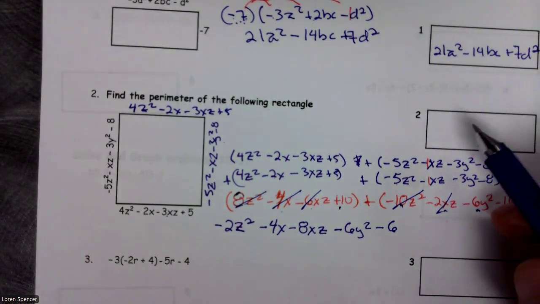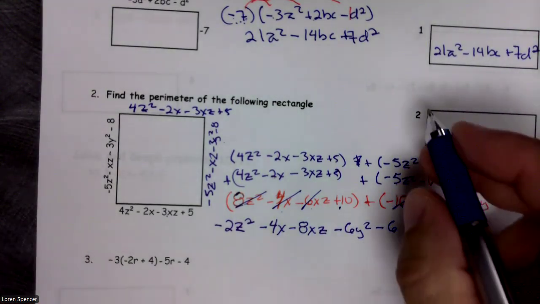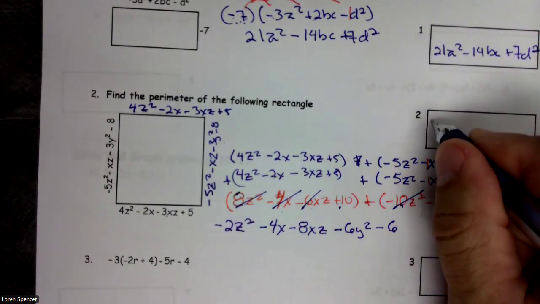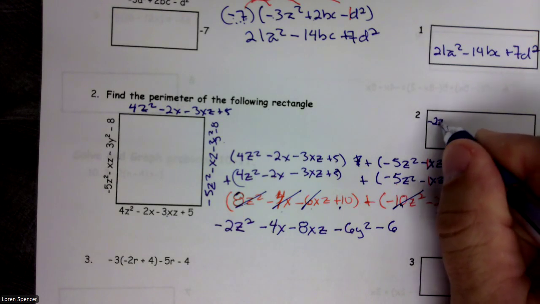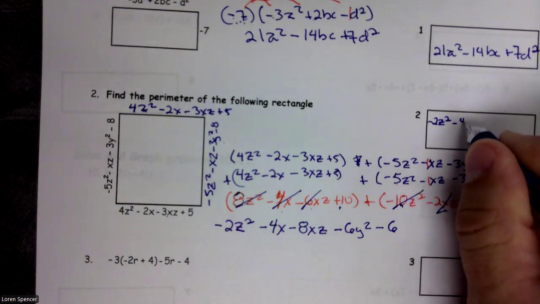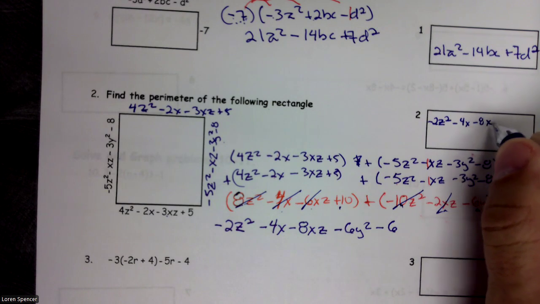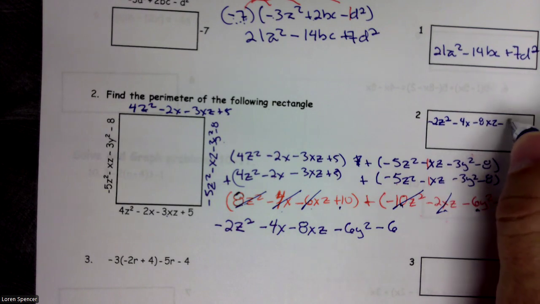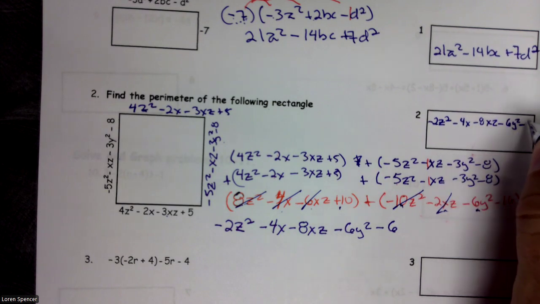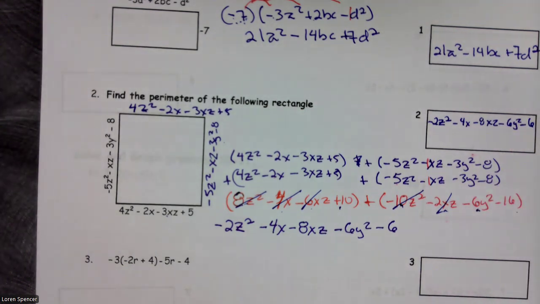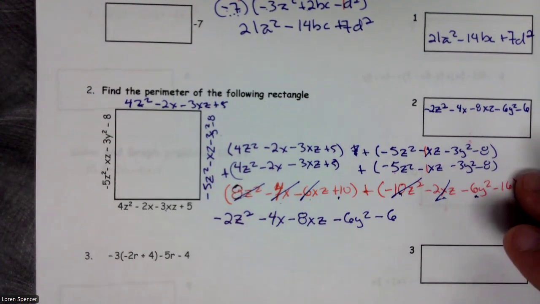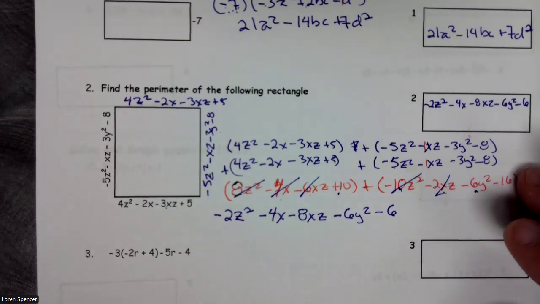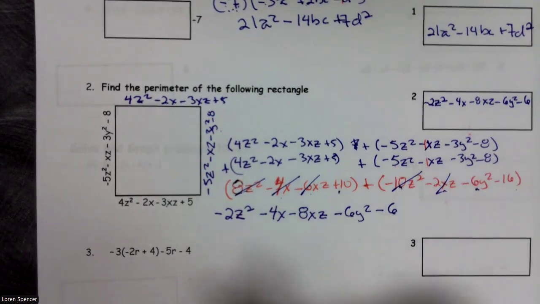I don't think that answer is going to fit in this box, but I'll try. So negative 2z squared minus 4x minus 8xz minus 6y squared minus 6. Boy, I really had to squinch to get that in there. That might be a little bit difficult. Okay, so we did the perimeter.